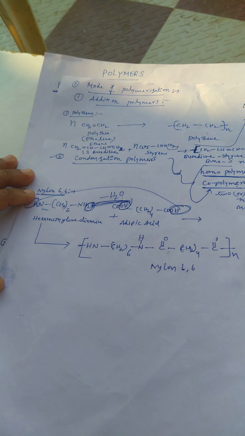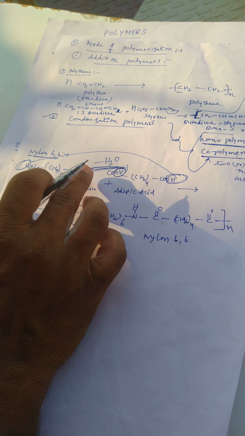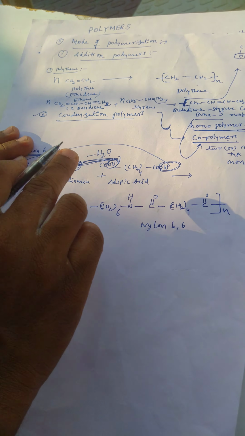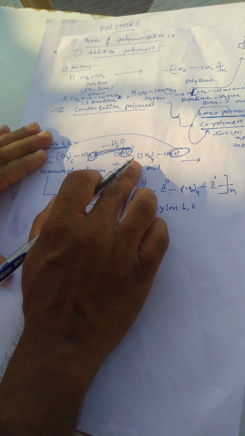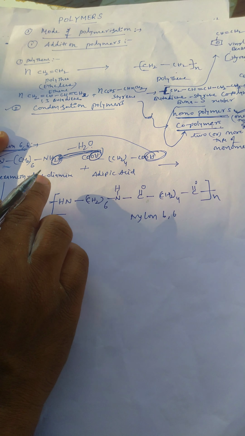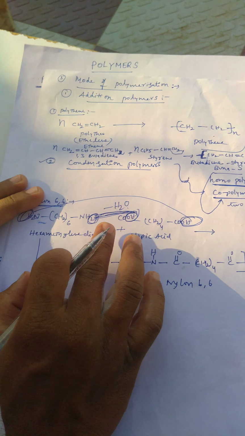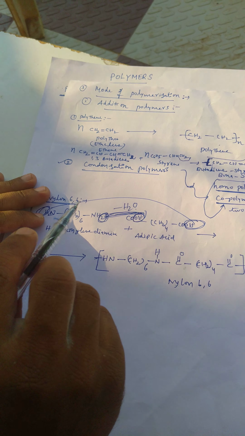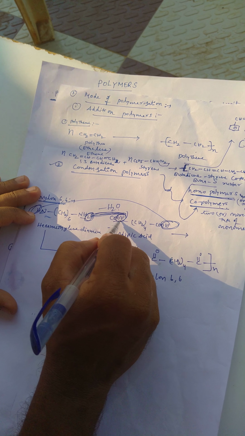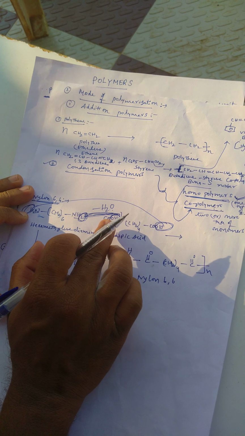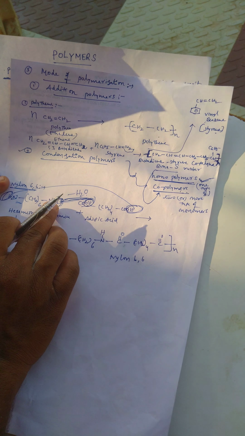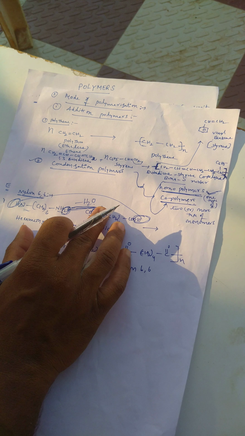See why it is called a condensation polymer. When monomers are combined, some simple molecules should be eliminated. Condensation polymers are formed by repeated condensation reaction between two different bifunctional or trifunctional monomeric units. Bifunctional means two different functional groups. Here amine is one functional group, here COOH, the carboxylic acid group, is another functional group.